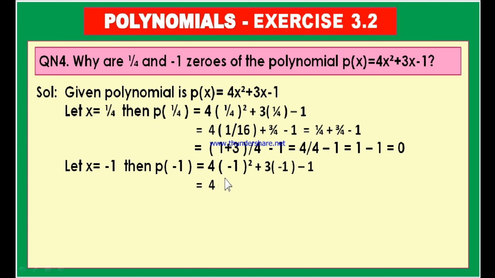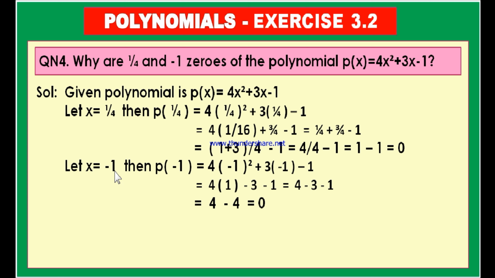This is 4 into minus 1 whole square is plus 1, plus into minus is minus, 3 ones 3, and this is minus 1. 4 into 1 is 4, minus 3 minus 1. This is plus 4, and minus 3 minus 1 is minus 4. What is 4 minus 4? 4 minus 4 is again 0.